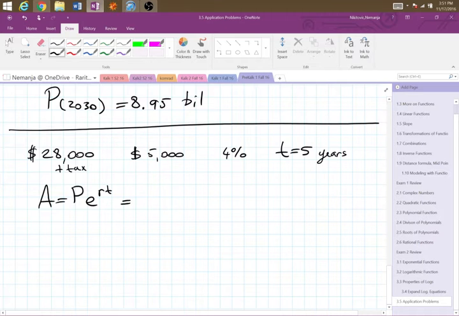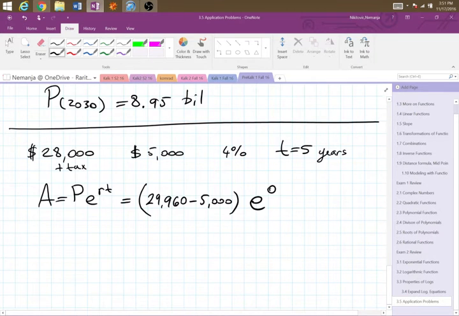So we have 28,000 times 1.07, which gives you 29,960. But then we have to subtract 5,000 from that because that's the down payment. And then we have e to the 0.04 times 5 years. So we plug everything in.